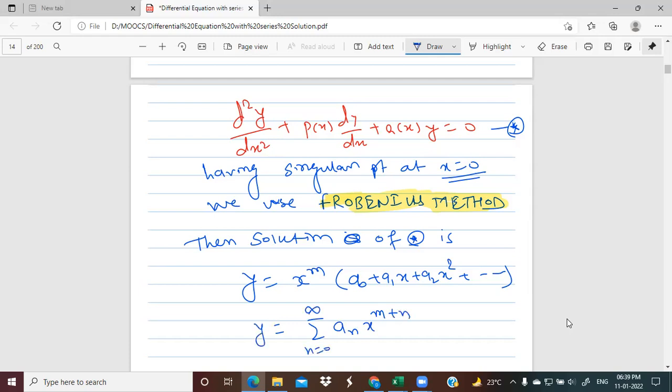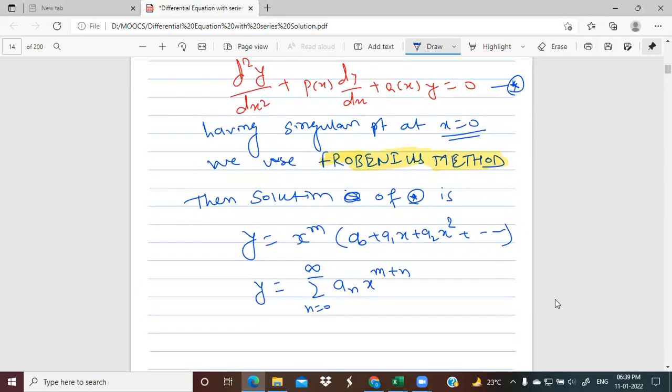This is our solution. Now remember this, if x equal to 0 is a regular singular point, then we can find our solution by using Frobenius method.